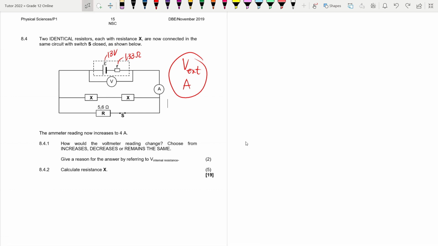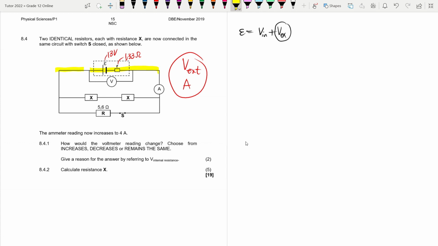Because EMF is always constant, and since it's the same internal resistance, won't V internal also stay the same? Okay, that's a good one. It's a good question to ask.